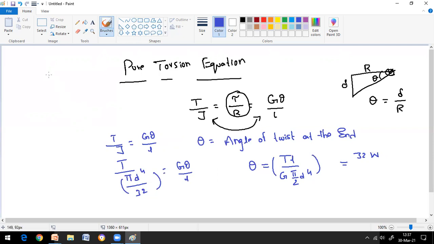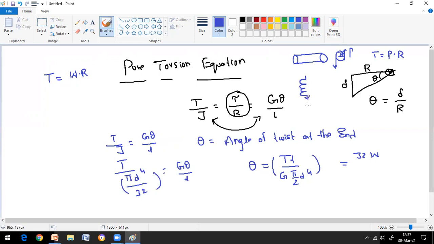Because here torsion is equal to load with respect to radius. In torsion, you have seen a circular shaft subjected to pull with respect to radius, so T is equal to P into R. Even in the springs also.